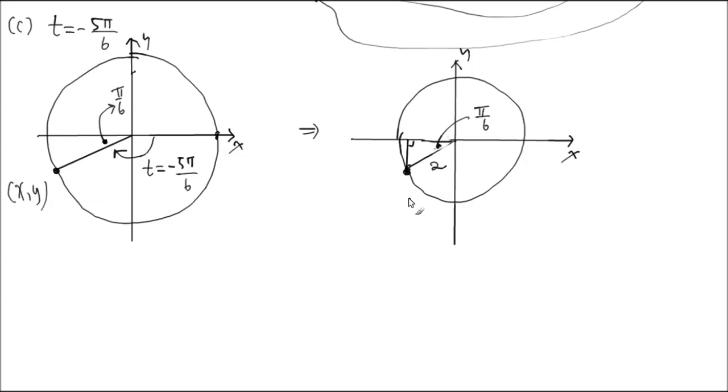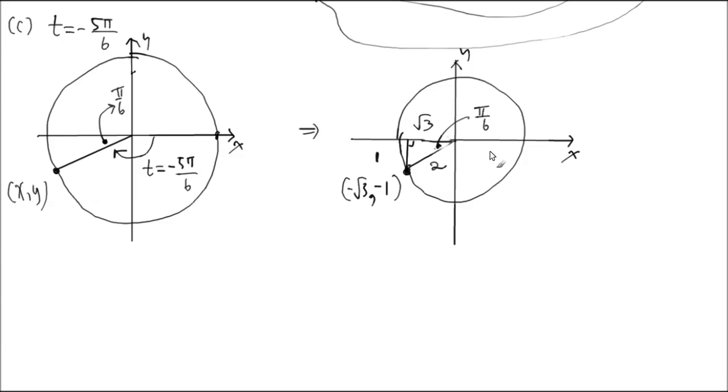Is root 3 the vertical one or the horizontal one? Vertical one, right? Because it's just smaller, so that's root 3. So what are the coordinates here? No, 1 is the vertical, so 1 should go down, and to the left, so it's negative root 3 as well. So that's the coordinate, right?